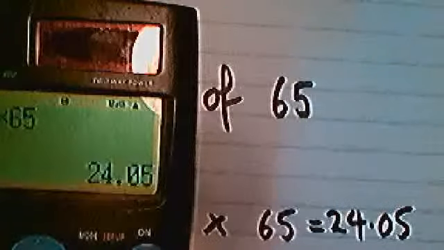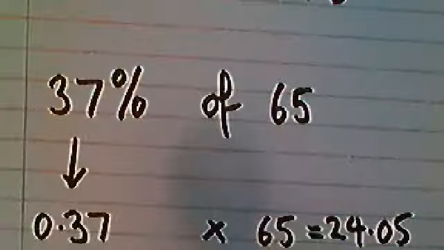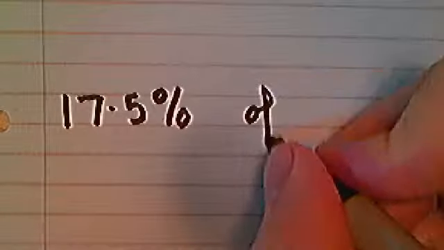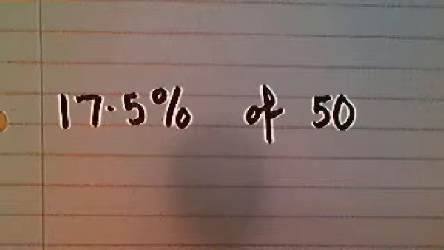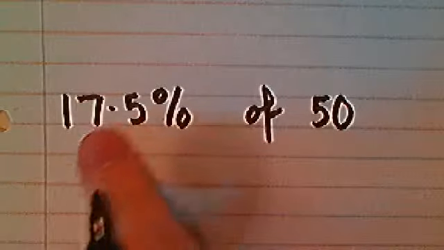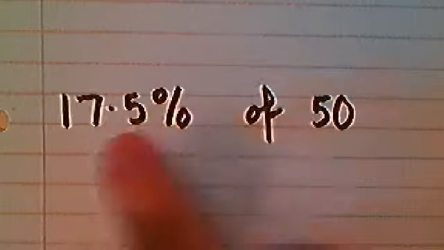It's really that simple. Now when it gets a bit trickier is when, say, someone asks you, like might be an old question about the VAT when it was 17.5%. So you're looking to find out 17.5% of, say, 50 or any number. Now the tricky part is here, there's a decimal here, we haven't seen that before.